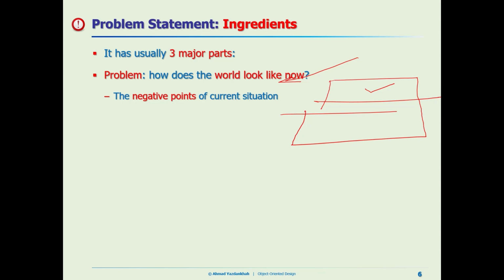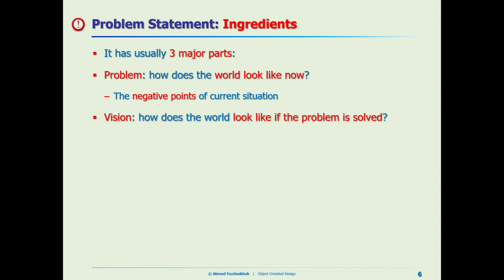After that, when you finish with that part, then we will have a vision part. The vision part is saying that if we solve this problem, the world looks like this, and start stating some positive things, so this gap that you explained here will be filled with this.